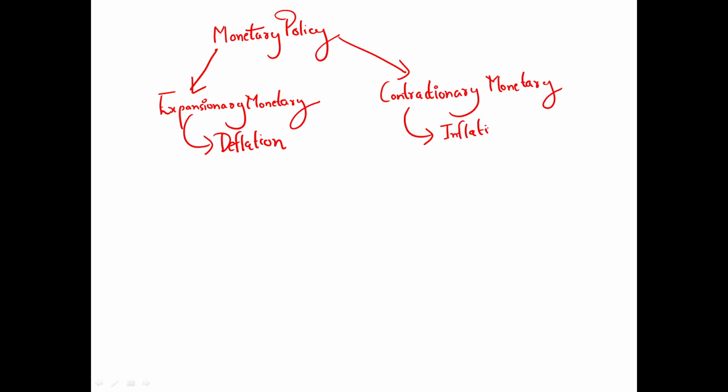So what do we mean by deflation? Deflation is when the quantity of money supply in the economy diminishes or reduces. As a result, we need money in the economy, so to pump money into the economy, RBI implements expansionary monetary policy.